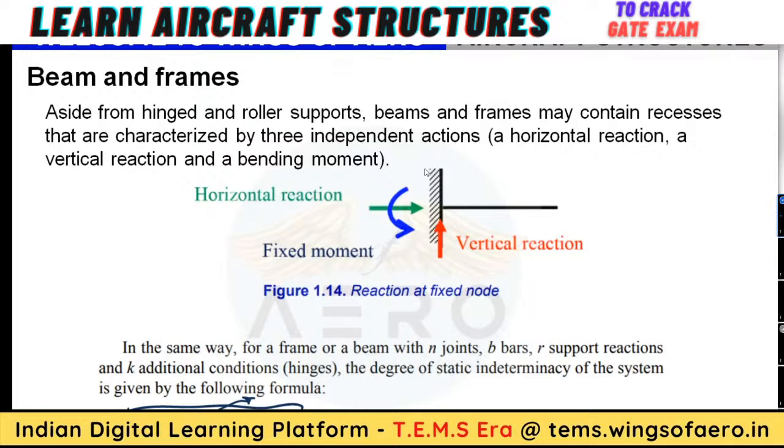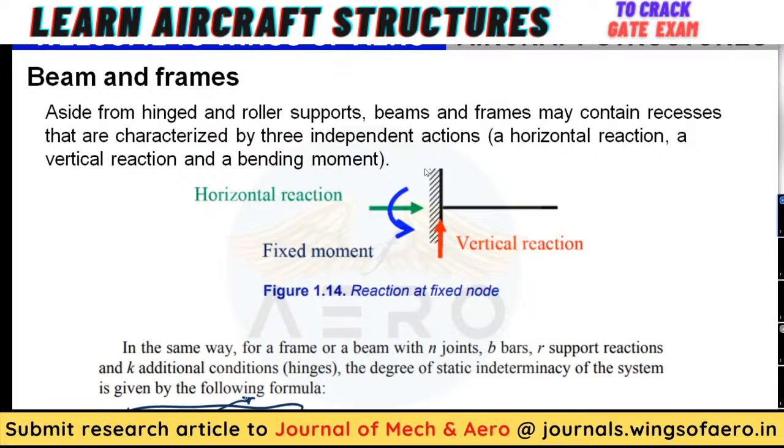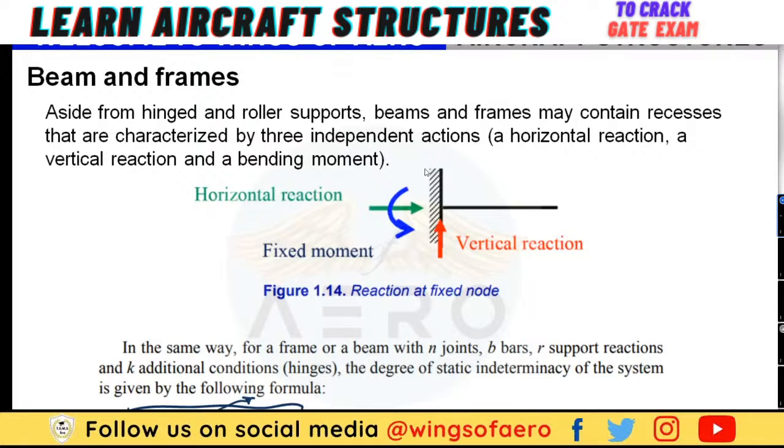So remember this formula and note it down. We will look into some exercises. They might ask you 1 or 2 marks from this kind of topic, and this is an equally important topic.